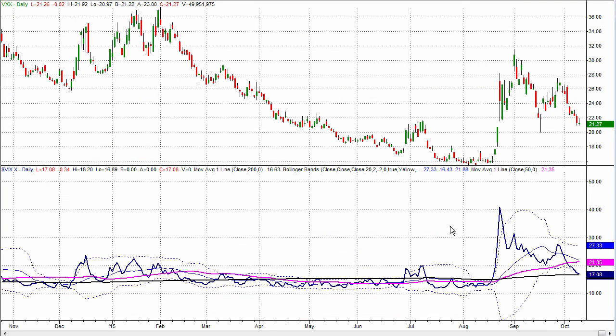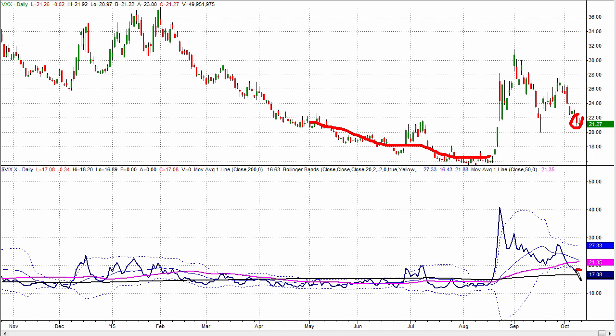Right, so one of the things that we look for in the VIX, and if I were to just look at the VIX without the Bollinger Bands, I could easily say the VIX is still pretty elevated here from the levels that it had been at. But it's also pretty low relative to its Bollinger Bands, right?